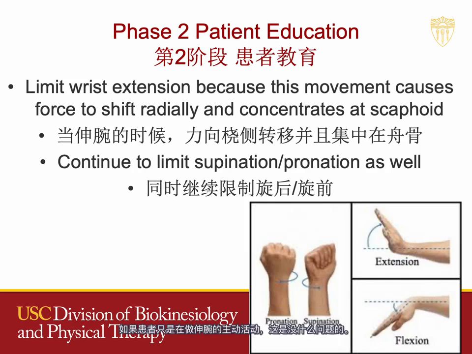So if they're just doing active wrist extension, they're probably fine. But we don't want them going into too much overpressure with wrist extension. Flexion, no problem. We also have to be somewhat careful with supination and pronation. Again, end range supination, pronation, but range of motion, just moving it through a range, totally fine.